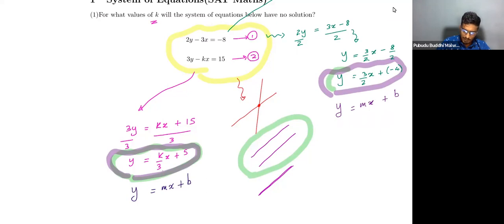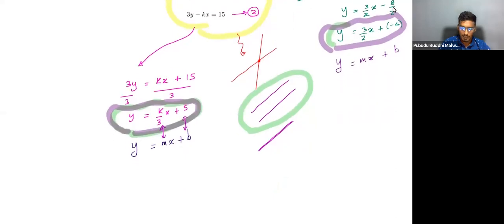By comparing slope intercept form and this equation, I can easily compute the slope of line 2, let's say m2, which is k over 3. And the slope of line 1, m1, that is 3 over 2. Now we can compare these two, because that's the way to determine the number of intersection points.